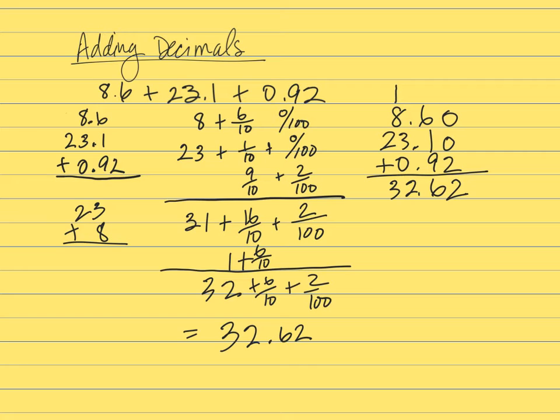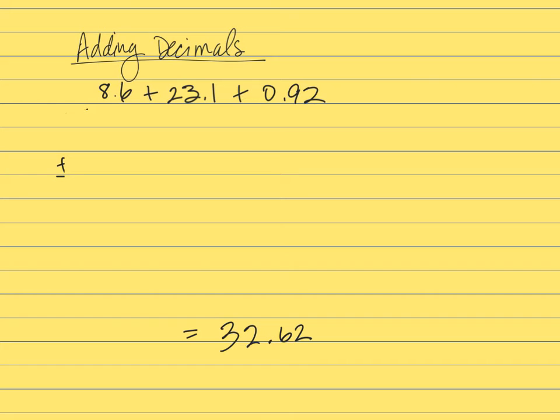Another version that we can do showing this with fractions is the following. So if we take 8 and 6/10 and convert that to a fraction, right? 8 and 6/10, in particular as an improper fraction, is 86/10, and we convert 23 and 1/10.